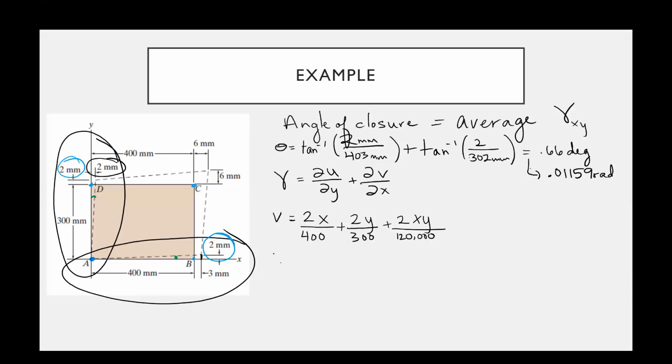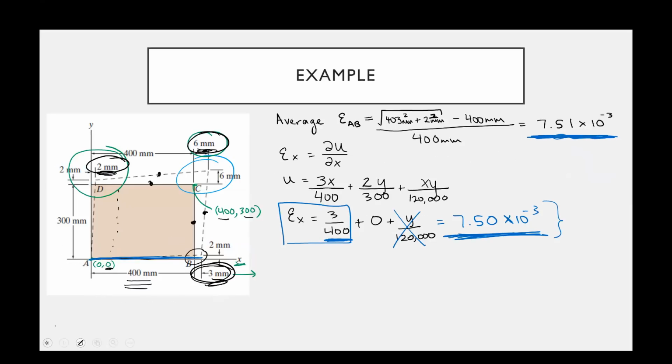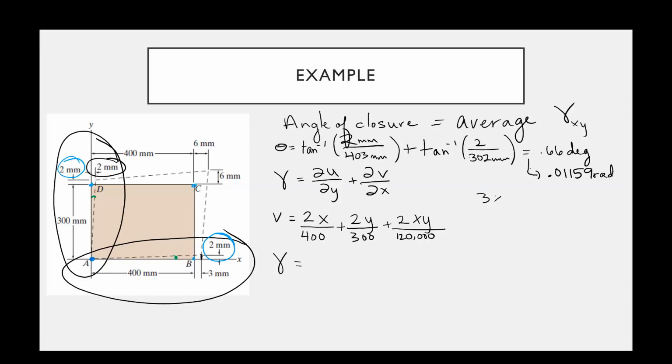So now we're ready to calculate gamma. Let's just flash back real quick and look at the u equation. Okay, so it was 3x over 400 plus 2y over 300 plus xy over 120,000.